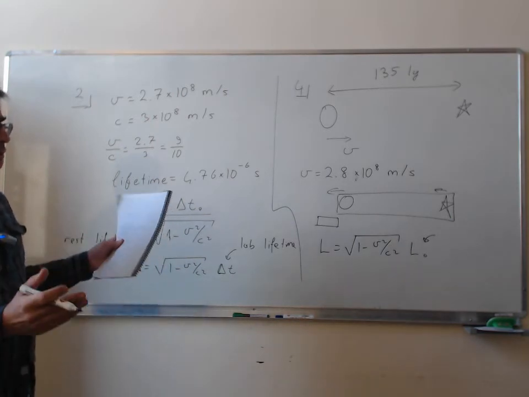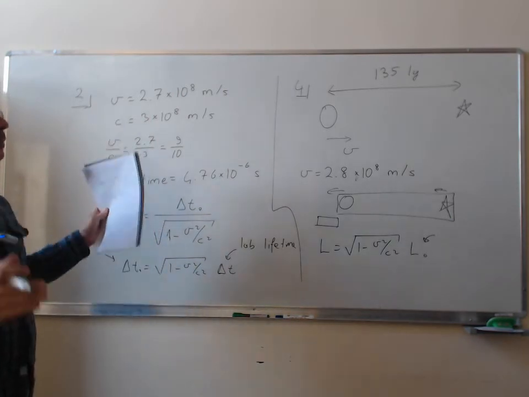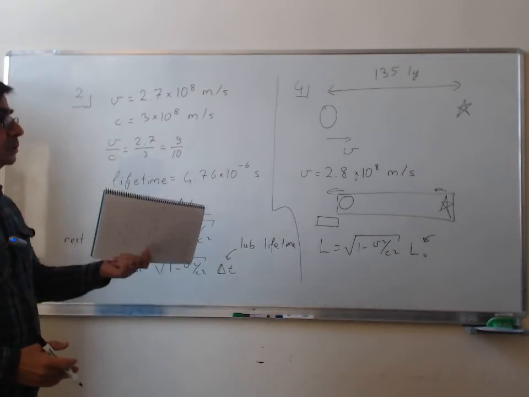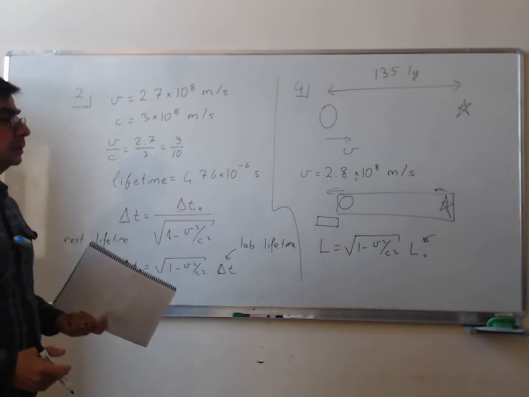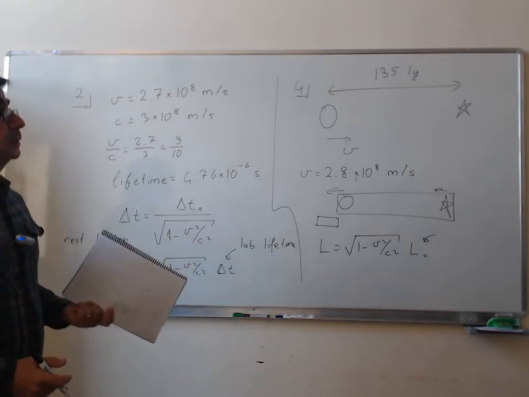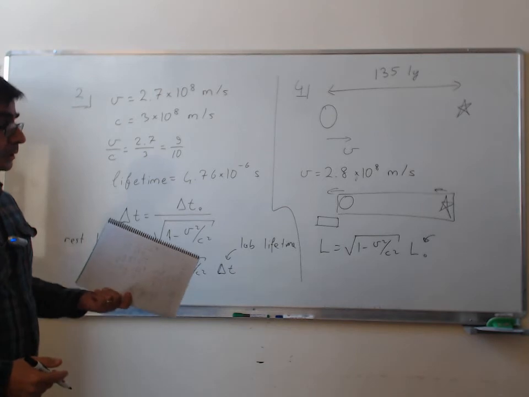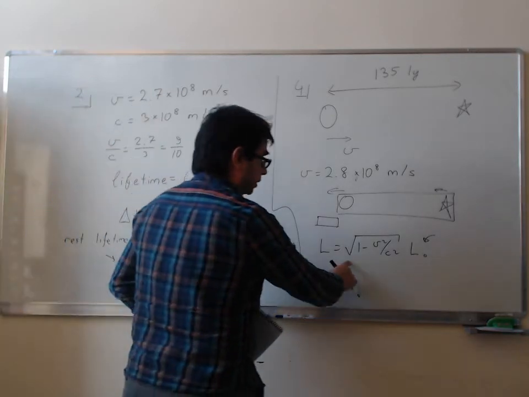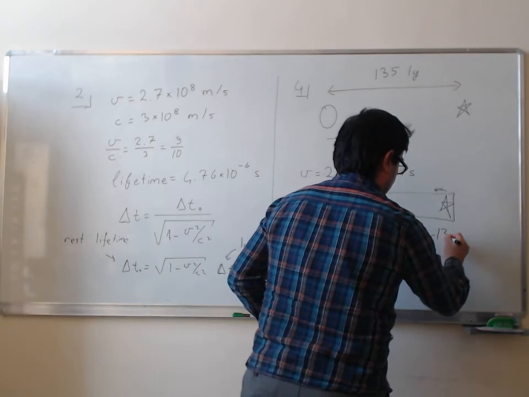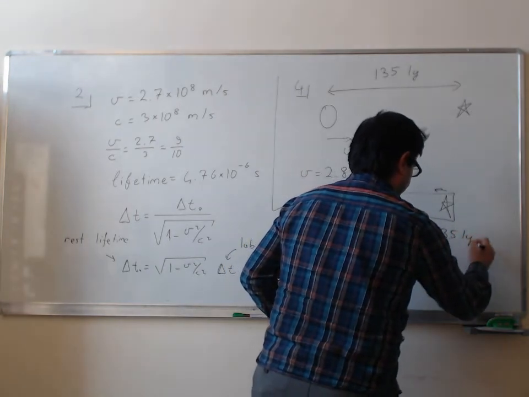Here the object in consideration is this whole Earth-star system. We assume they are at rest with respect to each other, so we can actually make a meaningful measurement of the distance between them, and that length is 135 light years. That is going to get contracted in our reference frame because we are moving with this speed.